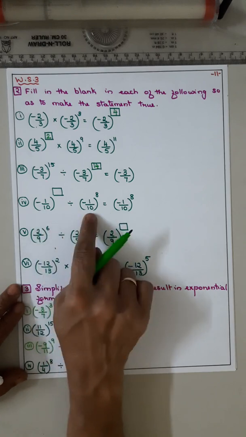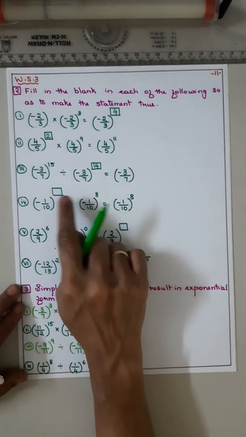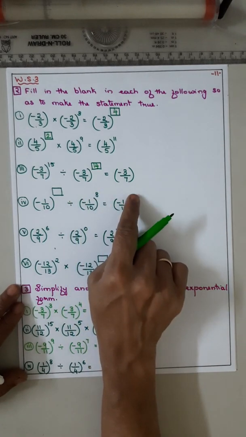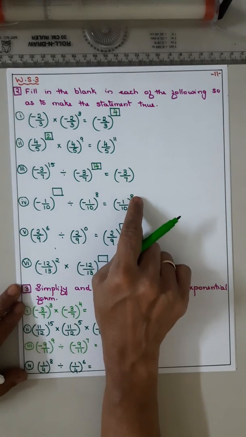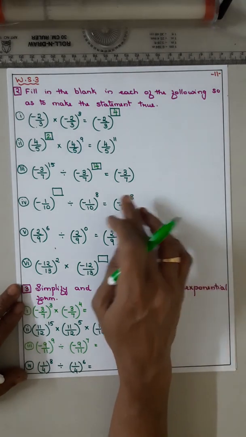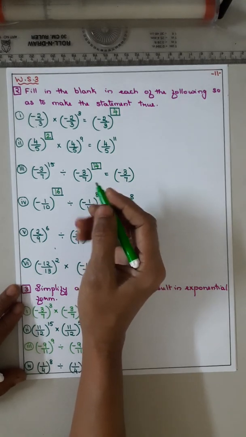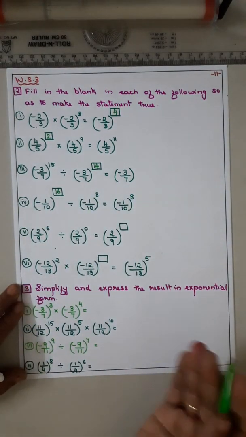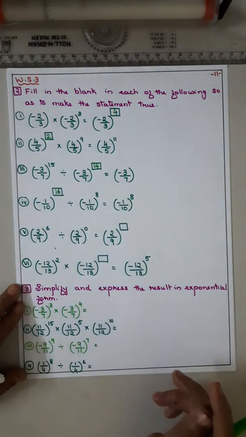The bases are same. In between division sign. So for division, what do we have to do? Subtraction, isn't it? Now dash minus 8 is 8. Which number minus 8 gives 8? So what to do? 8 plus 8 is 16. In subtraction the first number is bigger, so to get it we add these two. So 16 minus 8 is 8.